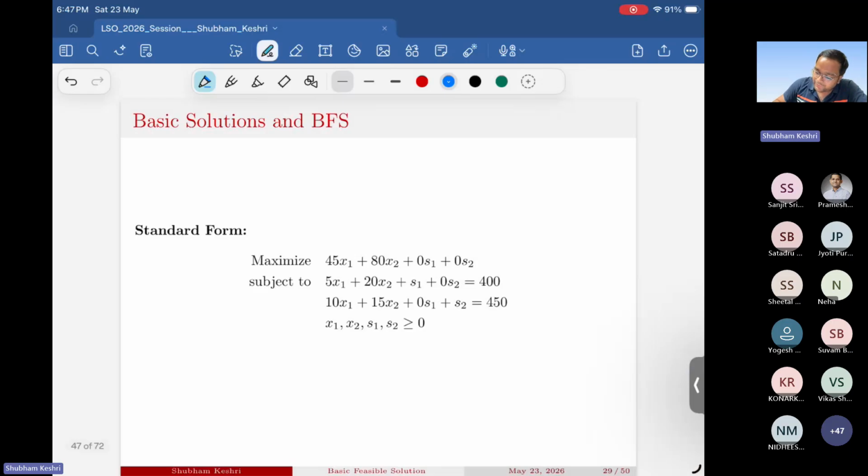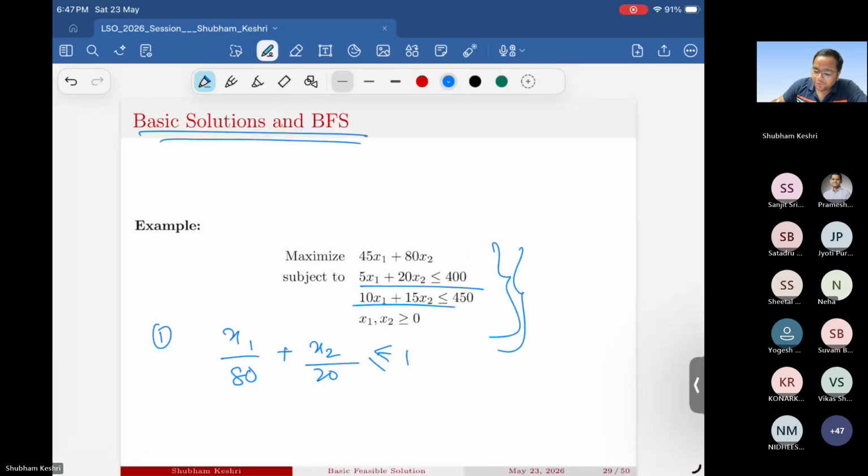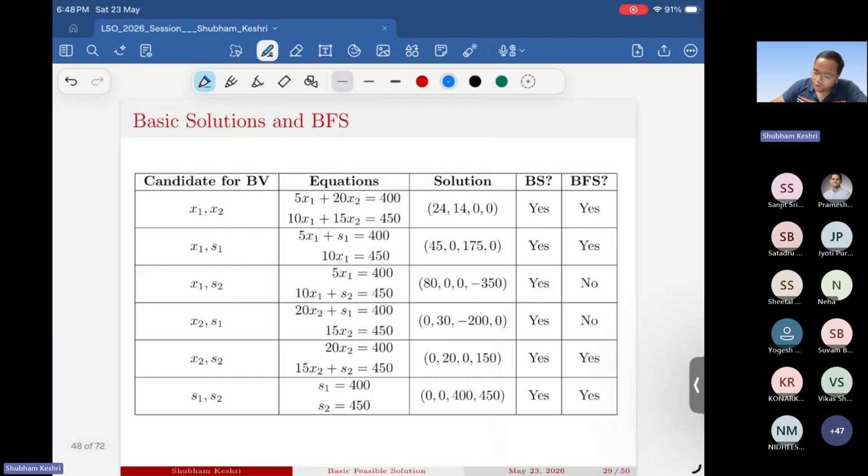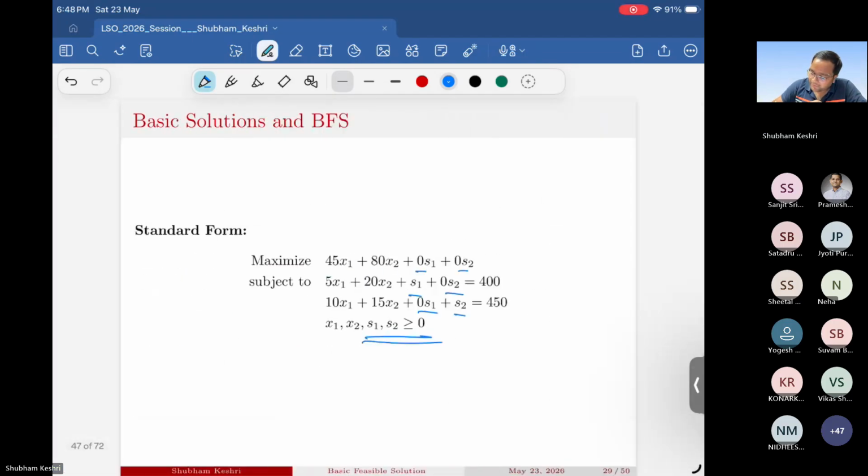So we had this LP. We transformed it into the standard form. So this is the standard form. We introduced two slack variables, S1 and S2, and these slack variables are non-negative. We have n equal to 4 and m equal to 2. So there are 4 choose 2, which is 6 ways of selecting two basic variables, right?